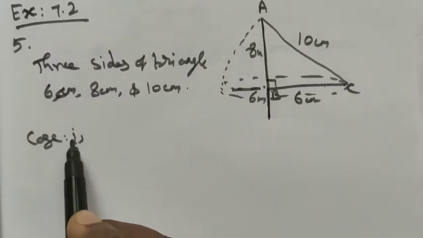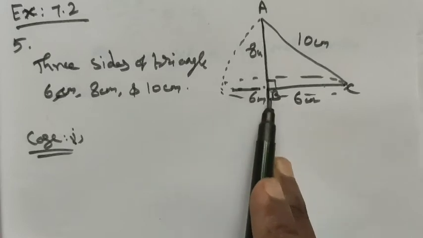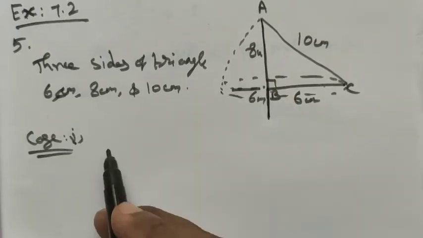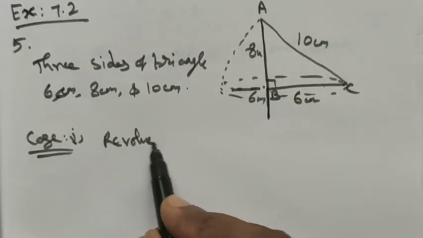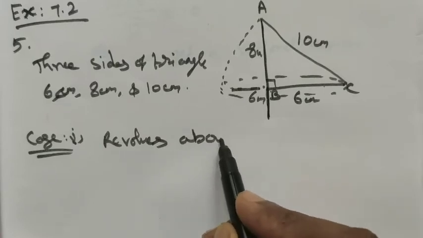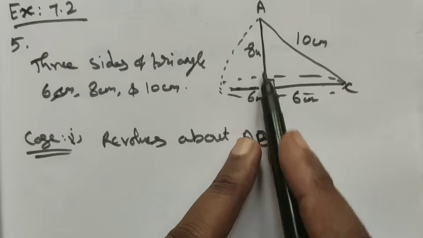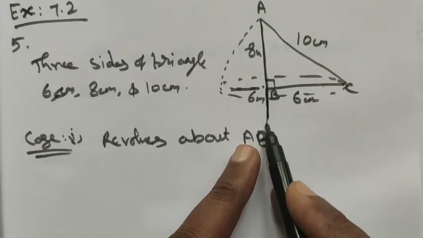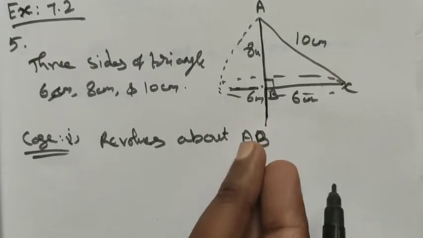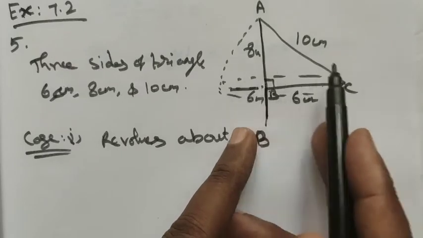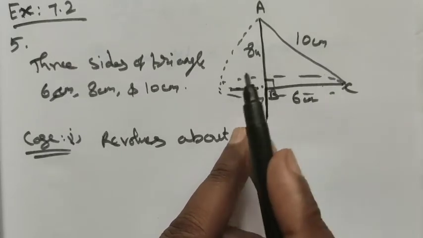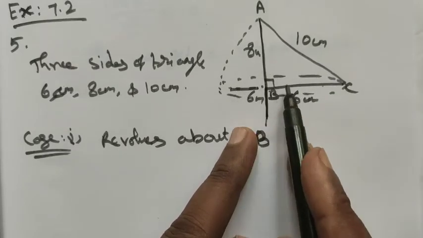Case 1: it revolves about AB. Imagine this is the AB line. If you place one stick like this and rotate it, the triangle revolves around and forms a conical shape.